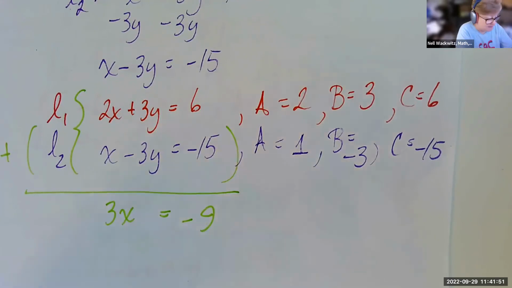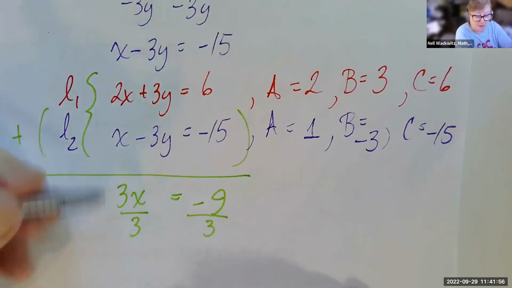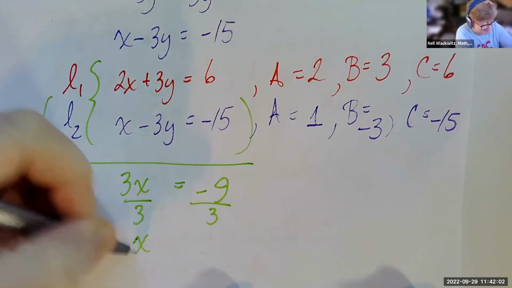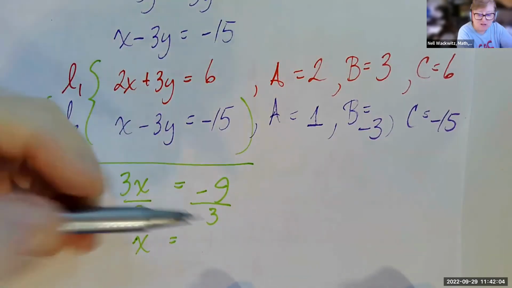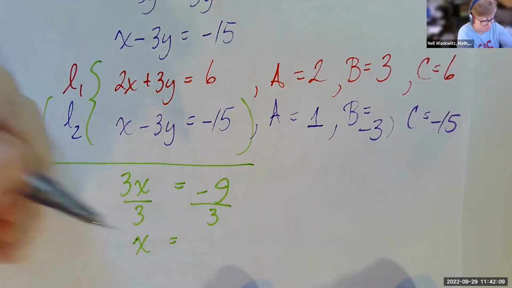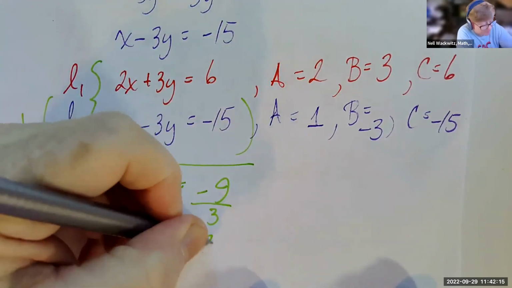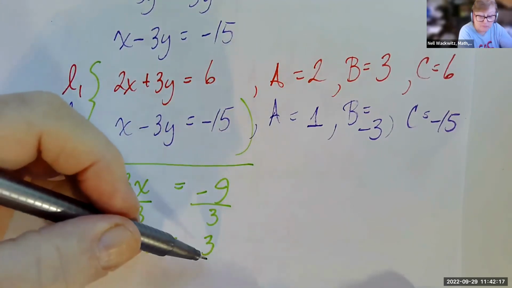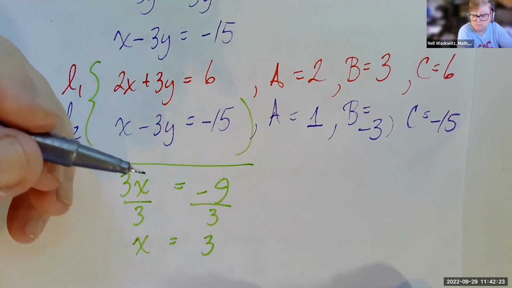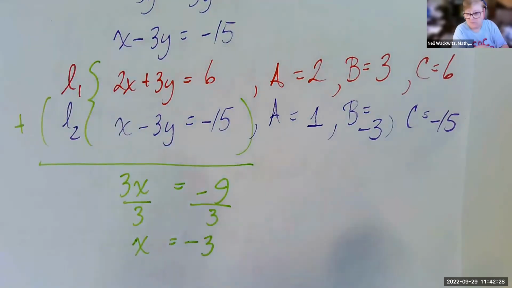Divide by 3. Awesome. Let's do steps. 9 divided by 3 is 3. And then negative divided by positive is negative. Good.